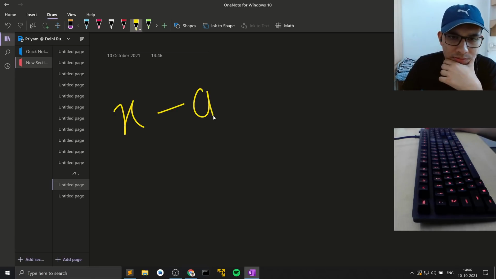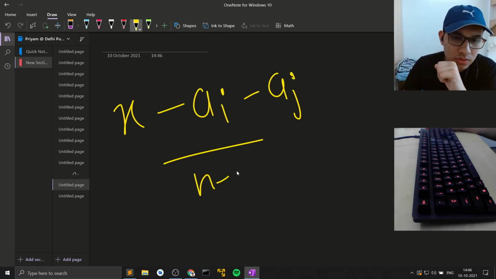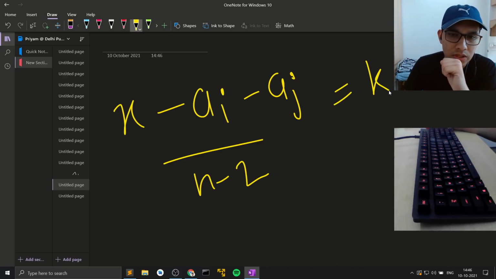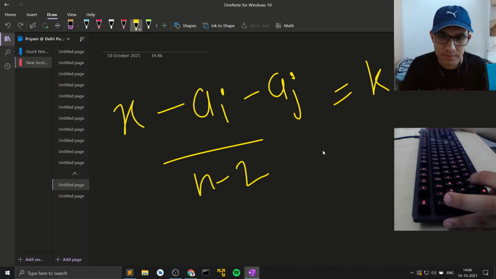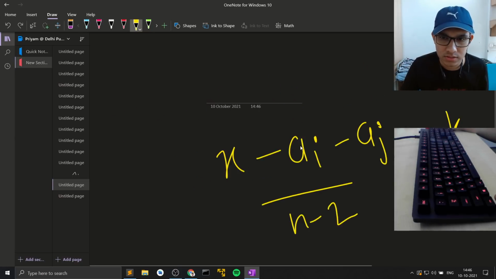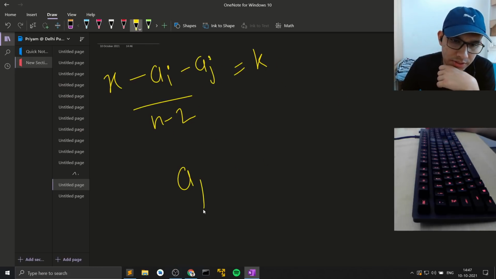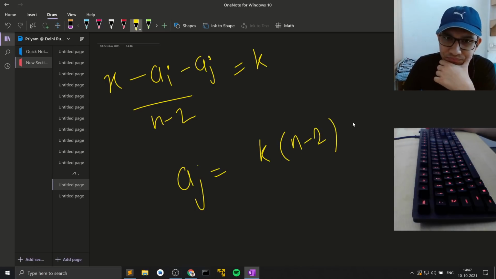If I remove a of i from it, and I also remove a of j, now I need to select what a of j is, right? So this is what I have: (x minus a of i minus a of j) divided by n minus 2 equals k, right? So what I want is this. I can basically form an equation for aj here: aj equals k into n minus 2, minus x, plus ai, right?